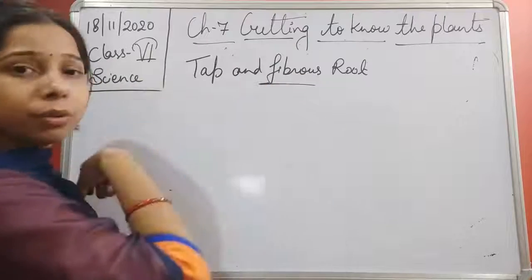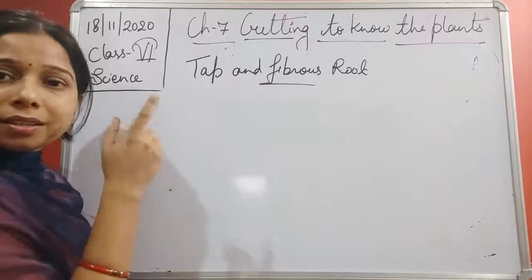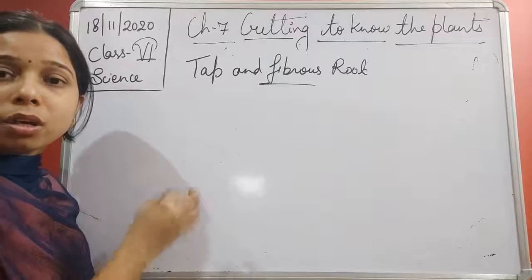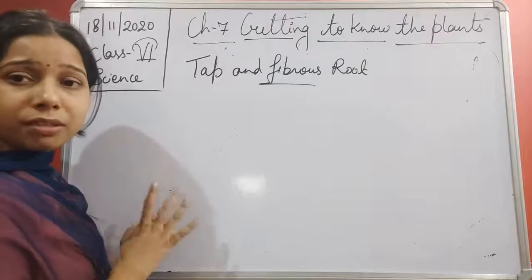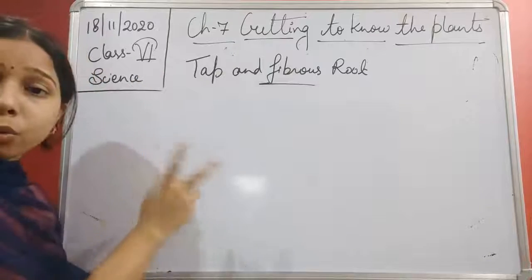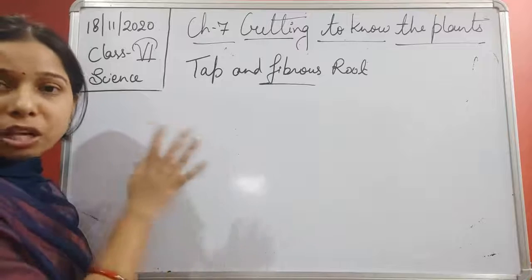If we talk about the fibrous root, a strand of fiber-like structure comes out from the root, and that is known as a fibrous root. So one is the tap root, another is the fibrous root, and both differ from each other on the basis of their structure.